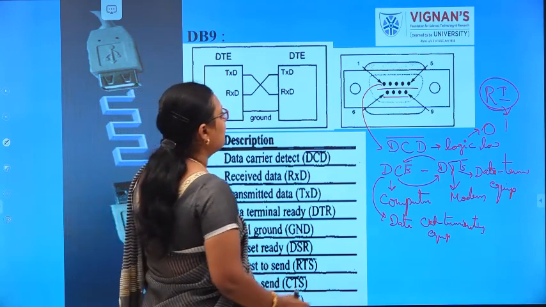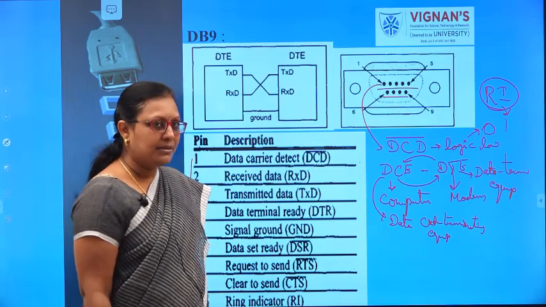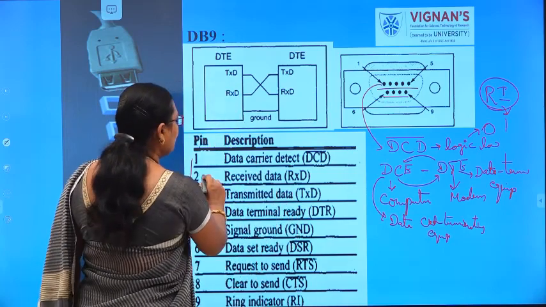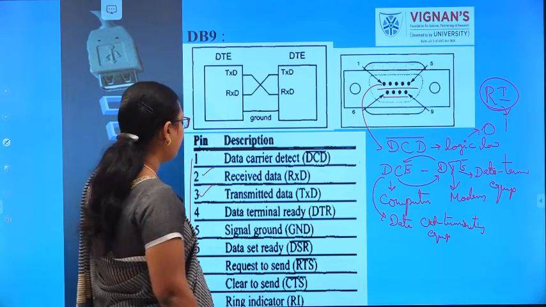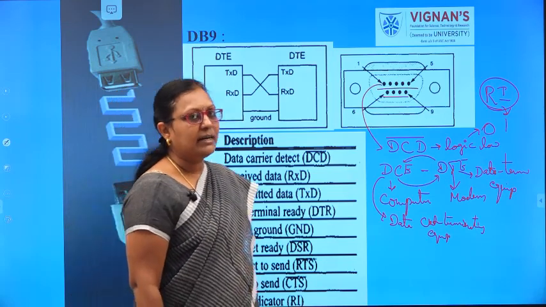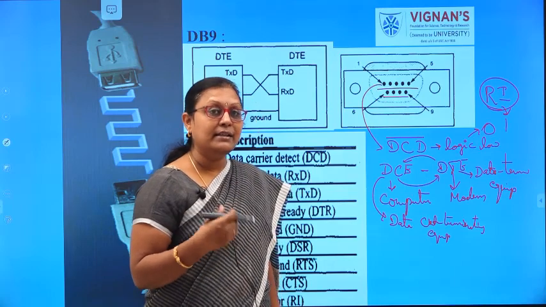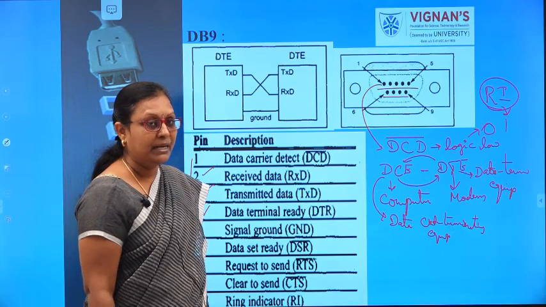Okay, then coming to pin number 2, it is called the RxD pin. RxD is nothing but the received data pin. Pin number 3 is for transmitted data, that is the TXD pin. And pin number 4 is for data terminal ready. Data terminal ready means if your receiver is ready to send the data, then the data terminal ready bit will be enabled.